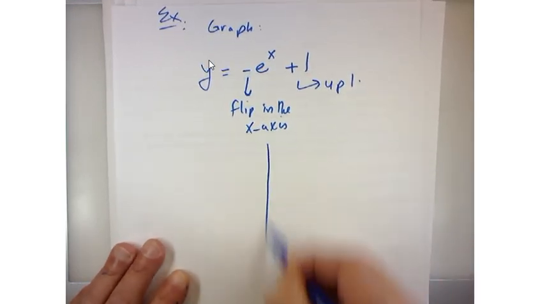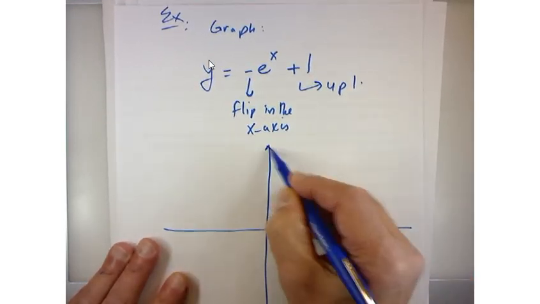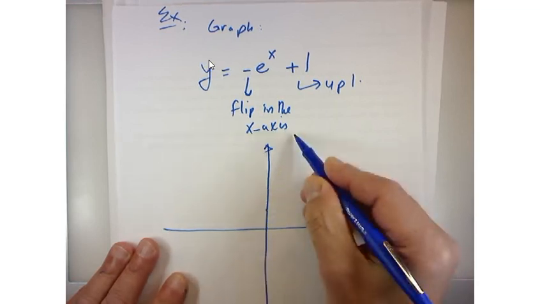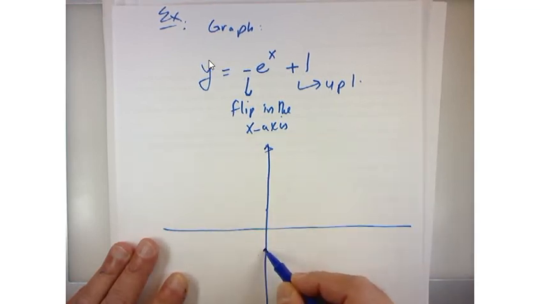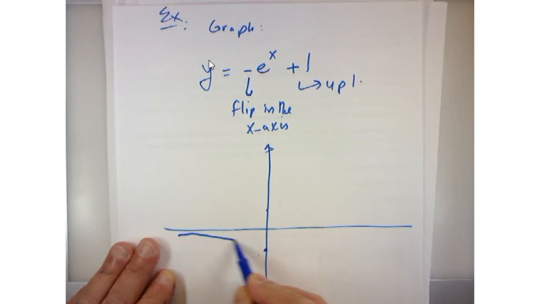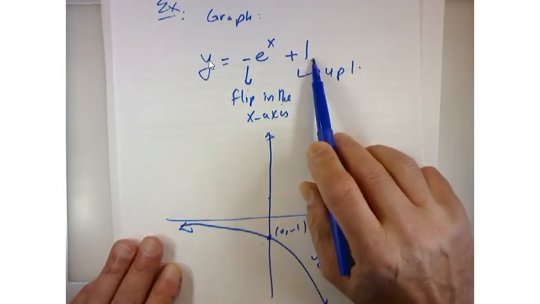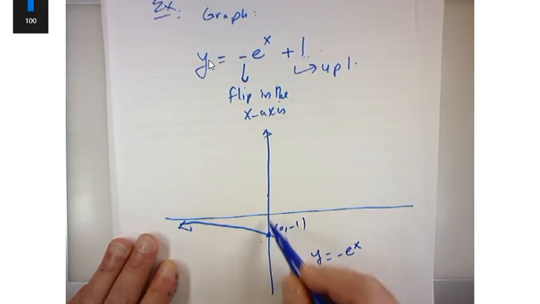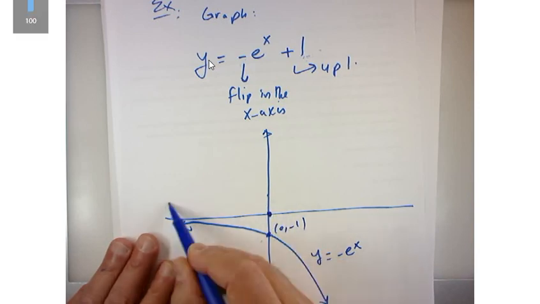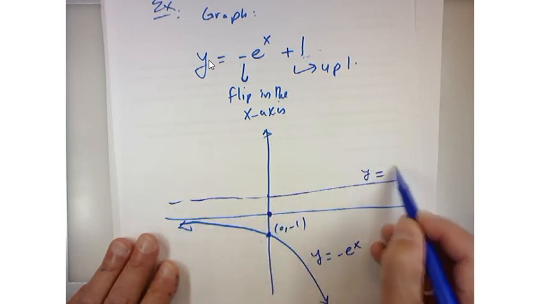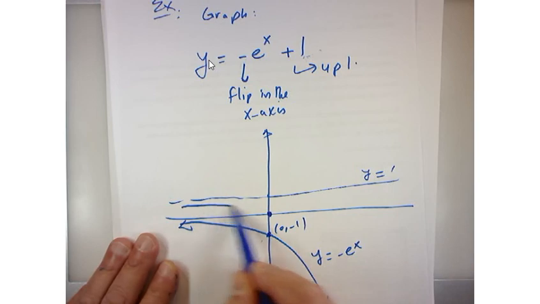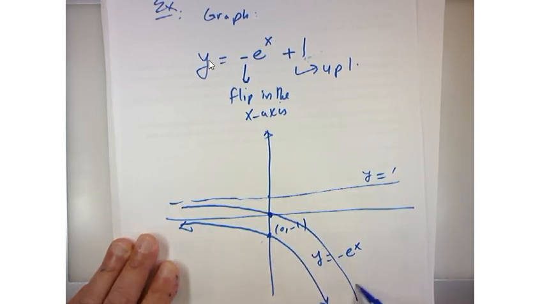So if you take e to the x and flip it in the x-axis, this is negative e to the x. This is 0, negative 1. But that's not our final destination, because we have to move it up 1. So you move this up 1, you move the x-axis up 1, becomes y equals 1, and that would be your final graph. y equals negative e to the x plus 1.